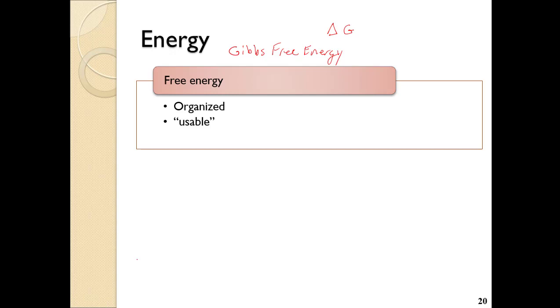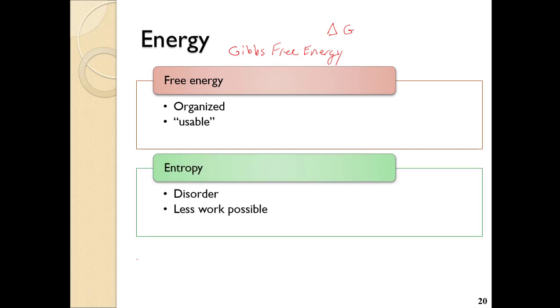This is typically organized and usable energy, this free energy. So basically, for our purposes, something like a complex molecule, for instance glucose, would be a form of free energy that we can use because it's an organized system of energy. And we'll take a look at that more later.